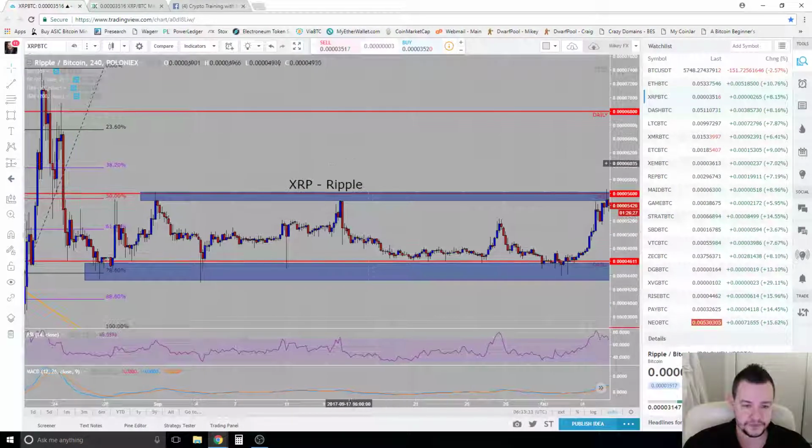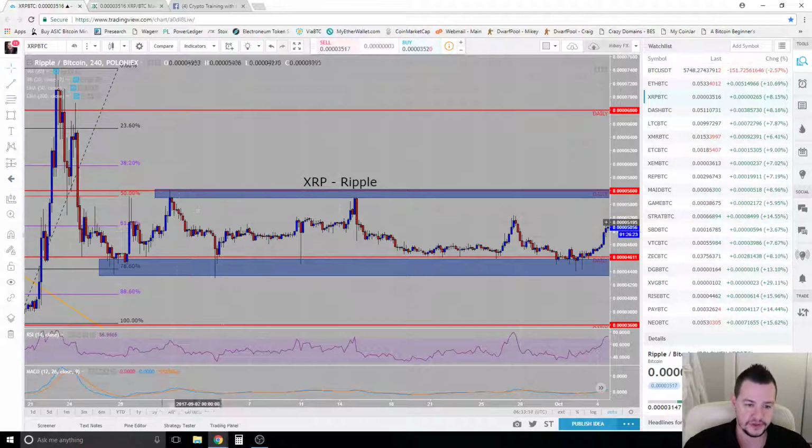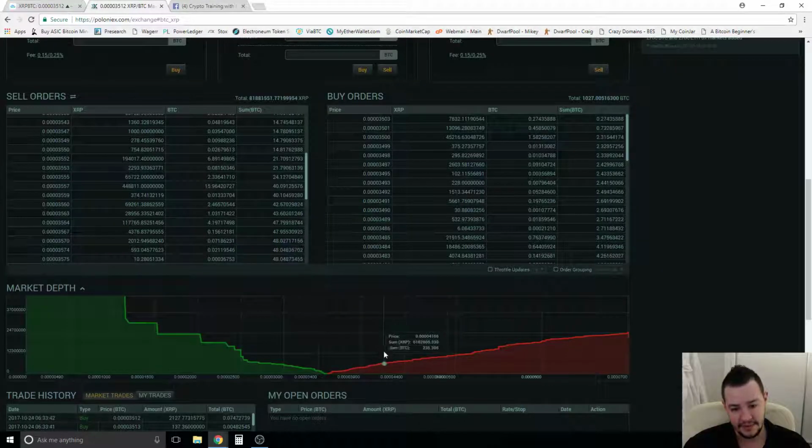So combine using your support and resistance levels with the supply and demand zone levels and the market depth indicator to get your best buy and sell entry criteria.